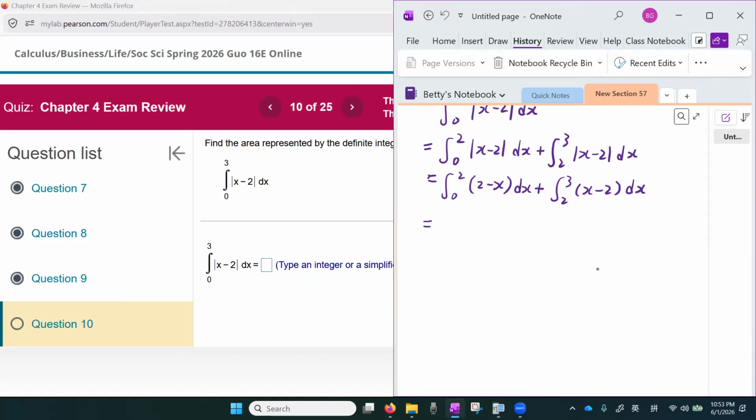The antiderivative is 2x minus x squared over 2, from 0 to 2. This one is the same: x squared over 2 minus 2x, from 2 to 3.